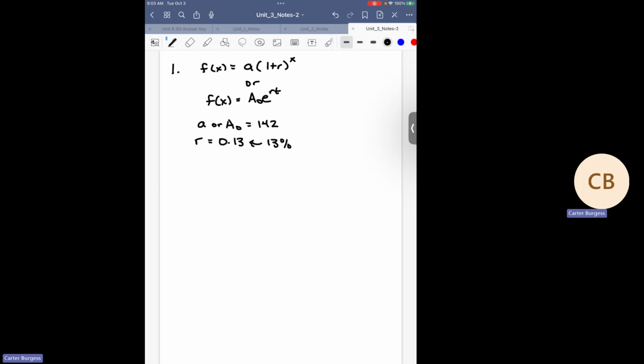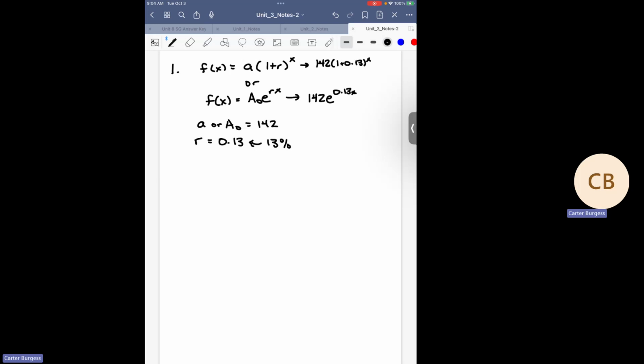And so I would say that the 2 feasible ways that we could set this up would either be to have 142 times 1 plus 0.13 to the x, or, with a little adjustment, this here should be x not t, 142 e to the 0.13 times x.